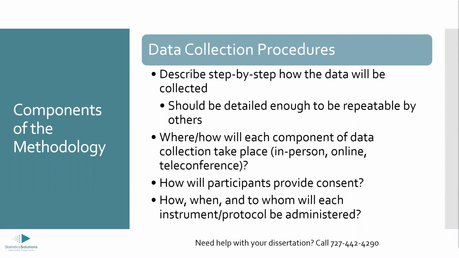So if you're doing your data in a process where you do your qualitative collection first and then your quantitative, you'll want to specify that it's occurring in that order. Or if you are doing it as an iterative process where the qualitative and the quantitative data occur somewhat simultaneously, then you'll want to describe that process as well.